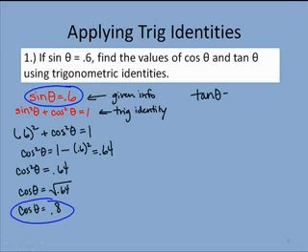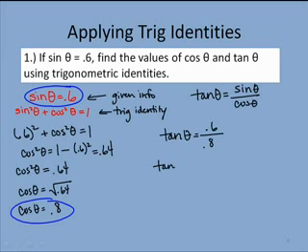It's one of the quotient identities, equals sine theta over cosine theta. So let's use those values I circled. Those are knowns. Sine theta equals 0.6 and cosine theta equals 0.8. So that leaves us with tangent theta equals 3/4.